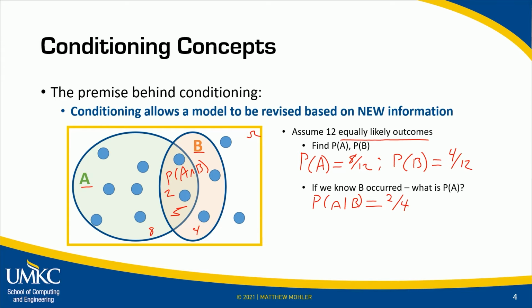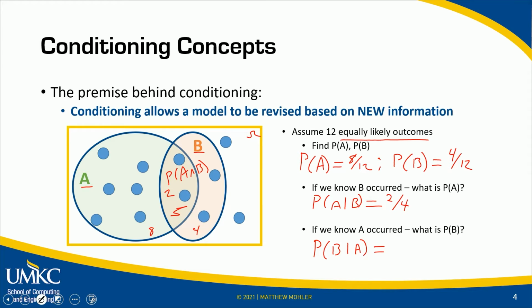Now, the other side of that question is maybe A happened first. So if we know that A occurred, what is the probability of B? And in this case, we can look and say that the probability of B, given that A has already occurred, is equal to, again, just this ratio. So in A, there were 8 total items, but there's 2 here in the middle.